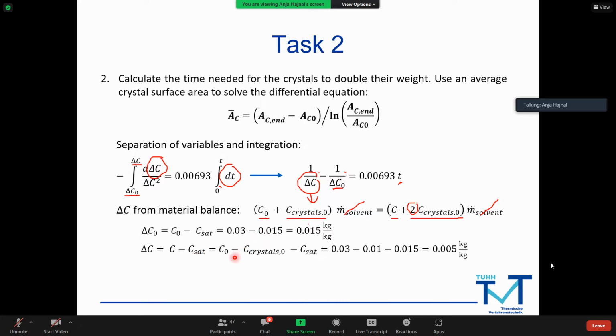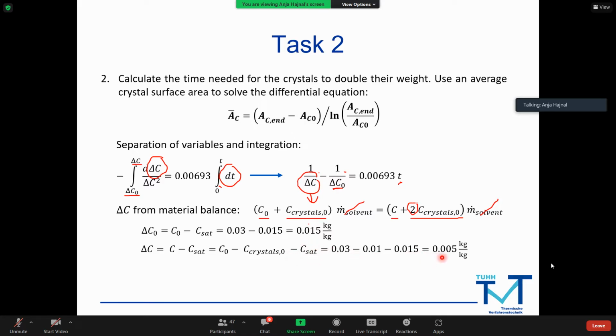If you express the C, it's the concentration of our enzyme in the solution at the beginning minus the loading of our crystals at time 0, minus the saturation concentration.